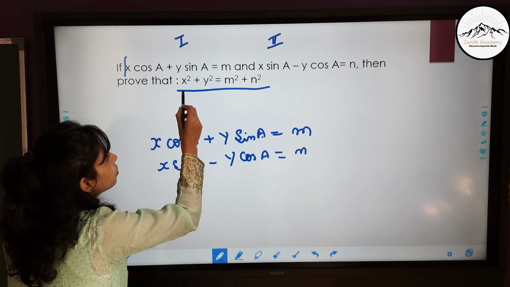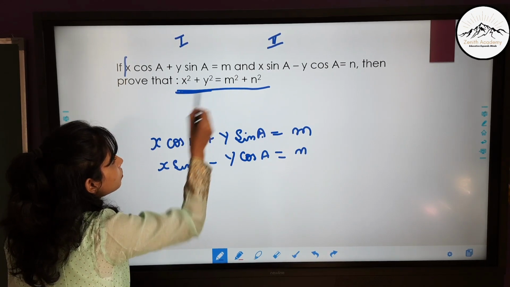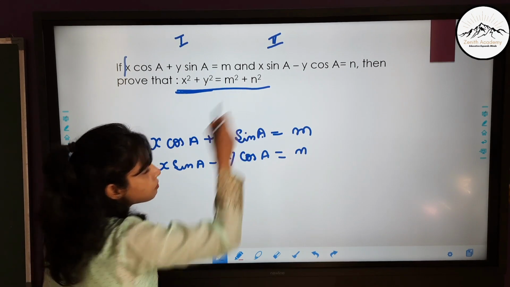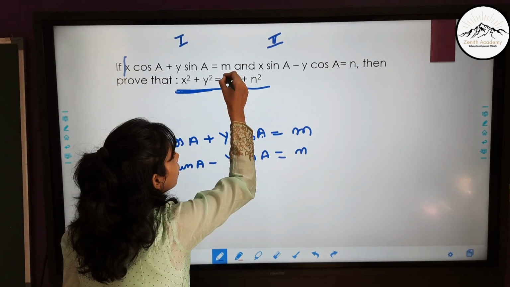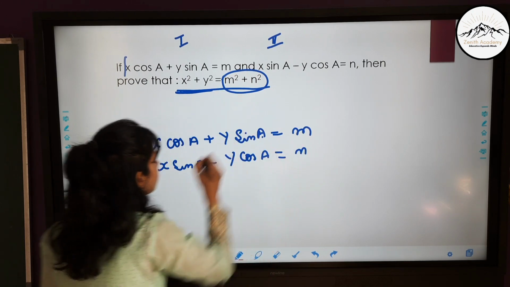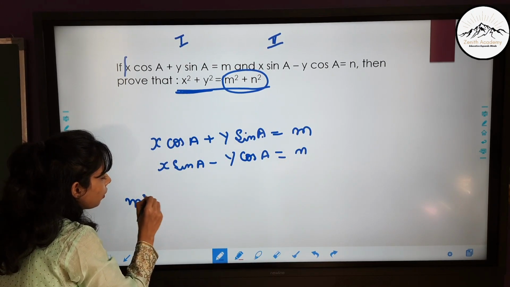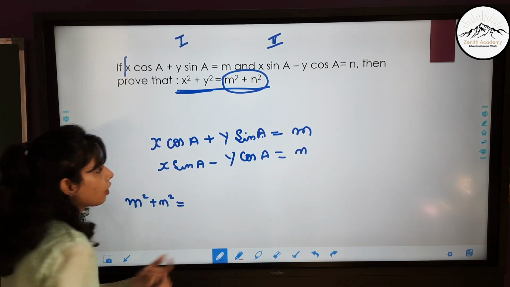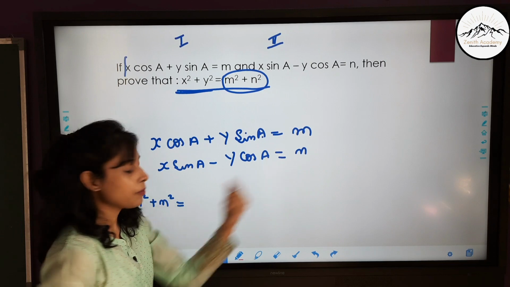Now what we need to do is show x square plus y square is equal to m square plus n square. Now if we take m square plus n square, what will this be equal to?